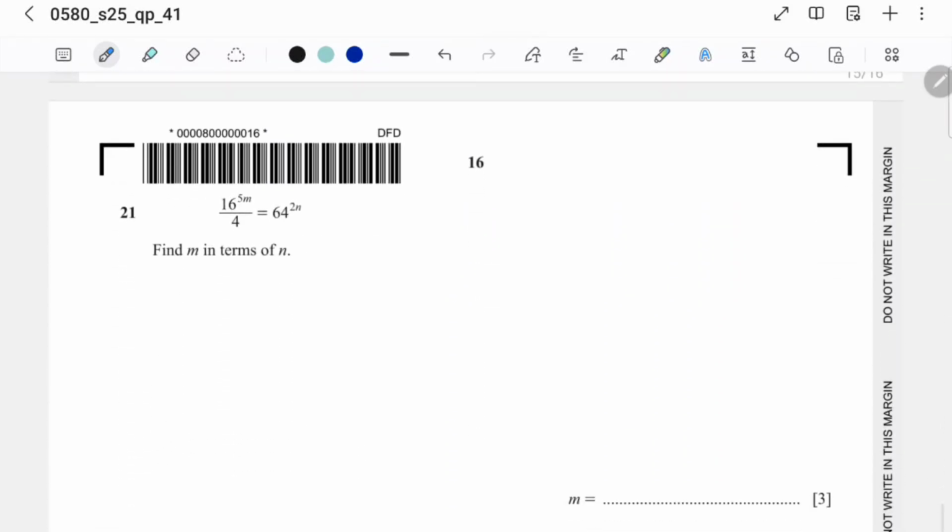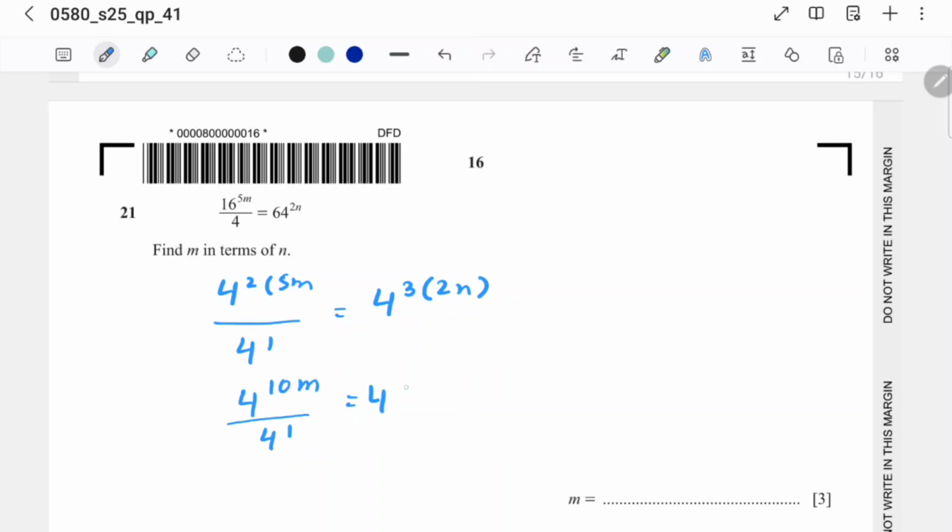Question number 21. In question number 21, you can see the value of m is required. So indices: 4 squared to the power 5m, 4 power 1, and 64 is 4 cube, and then 2n. Now we are going to simplify. That is 4 power 10m divided by 4 power 1 equals 4 power 3 times 2n, which is 6n.